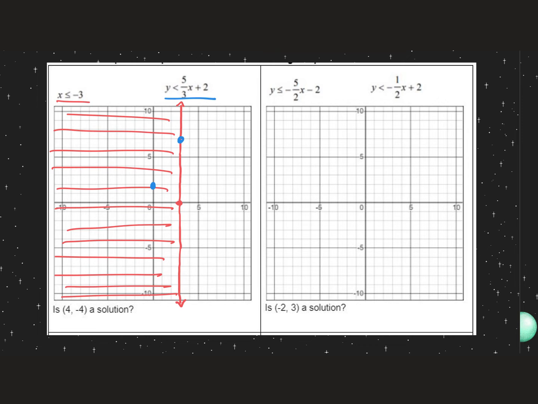To finish off the rest, I'm going to go down 5 and left 3. Since y is strictly less than, we're going to have a dashed or dotted line, and we're going to shade below my line.